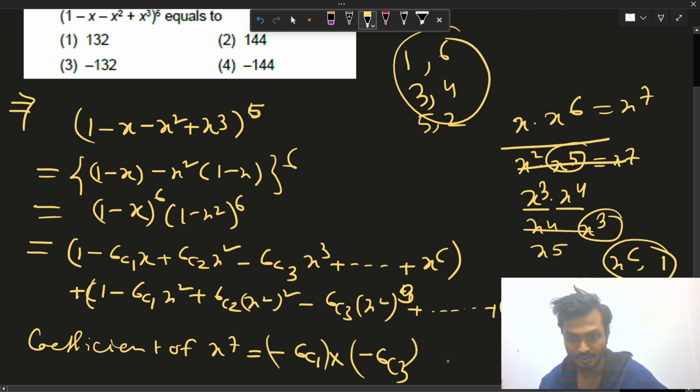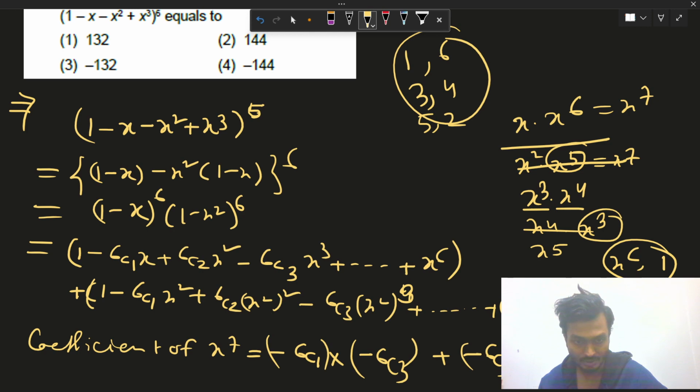So first is this, then plus second is, here we get 3 and 4, so the coefficient of x cube will be this, so minus 6C3 into the coefficient of x to the power 4, this is here 6C2, then plus x to the power 5.